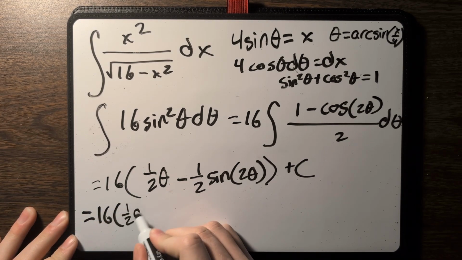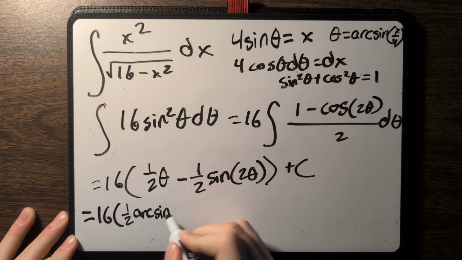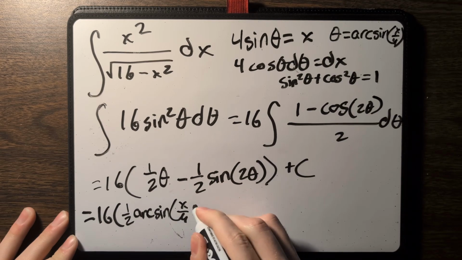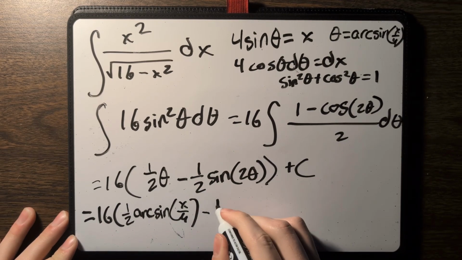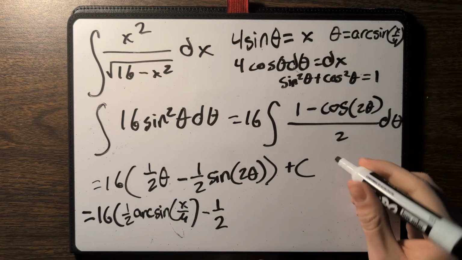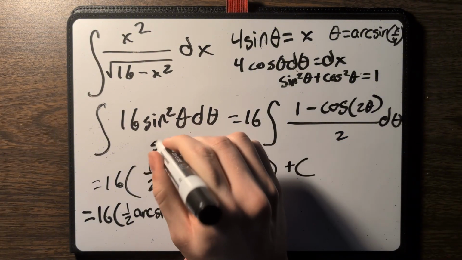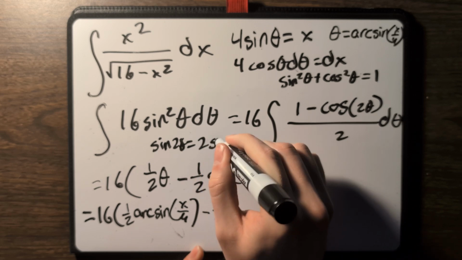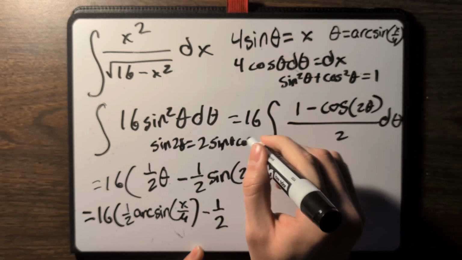So we're going to get 1/2 arc sine of x over 4 minus 1/2. Now, another trig identity, sine 2 theta equals 2 sine theta cosine theta.